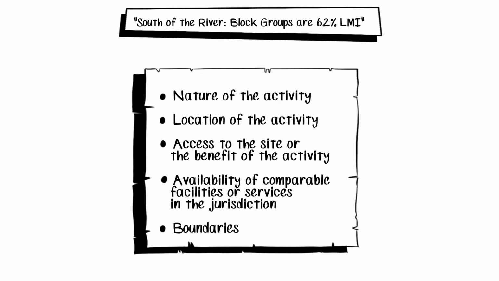These are established boundaries such as subdivisions, neighborhoods, school districts, fire districts, or census tract block groups, and physical boundaries such as highways, rivers, or train tracks.